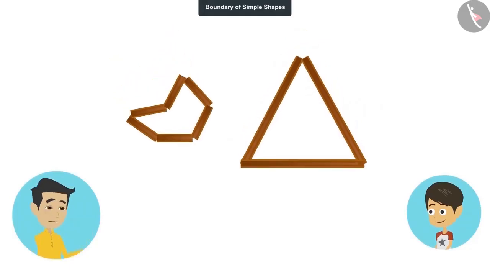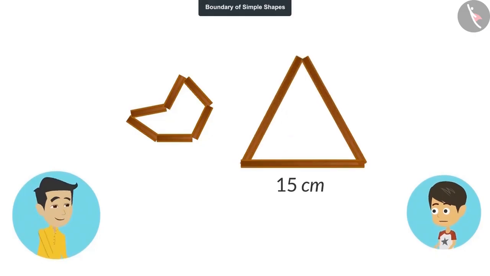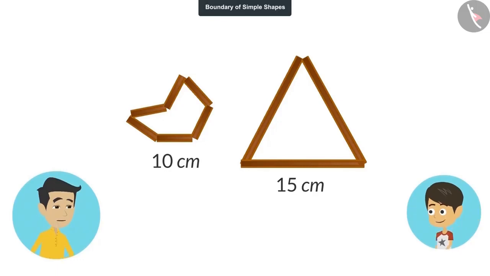Now tell, which of these two boundaries is longer? The length of the boundary of this triangle shape is 15 centimeters, which is more than the length of the boundary of the shape with 6 edges. Absolutely right. That means the number of edges of a shape does not affect the length of its boundary.